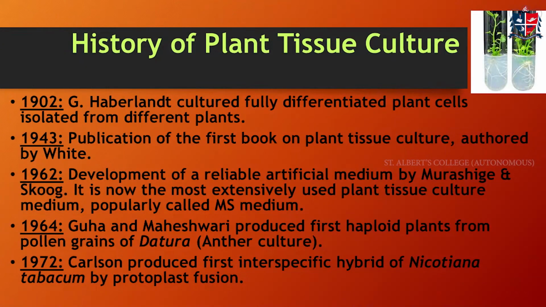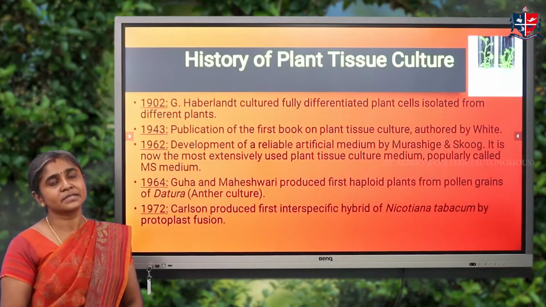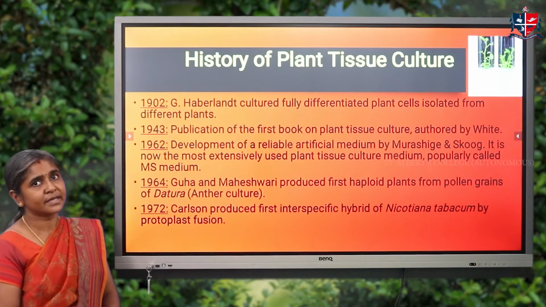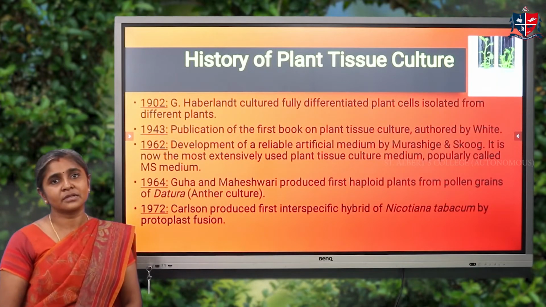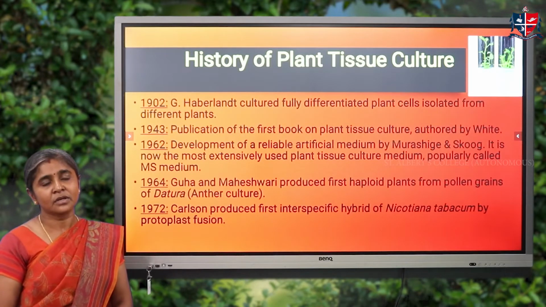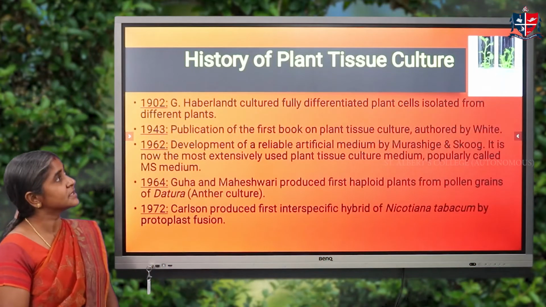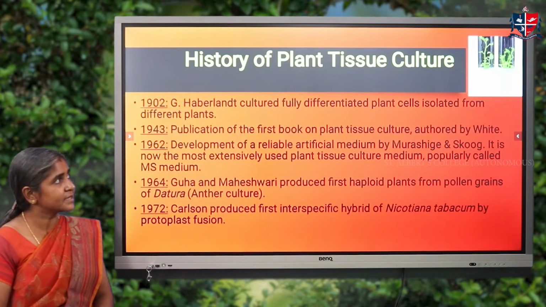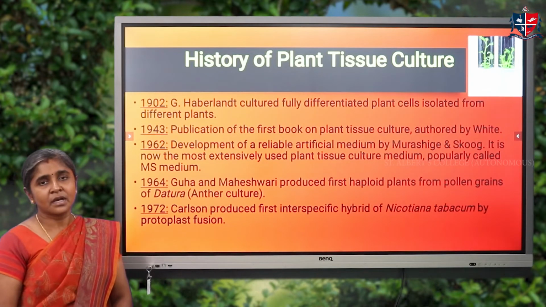Going to the history of plant tissue culture, how this field of study came into existence. The things go back till the year 1902, when a German scientist called Gottlieb Haberlandt was trying to grow plants under an artificial set of conditions, and he could culture fully differentiated plant cells which were isolated from different plant types.